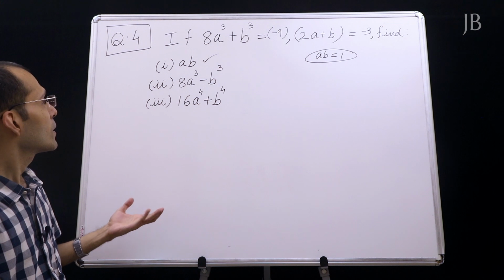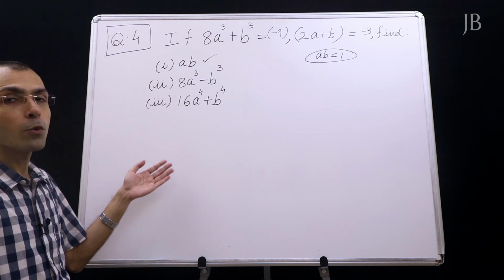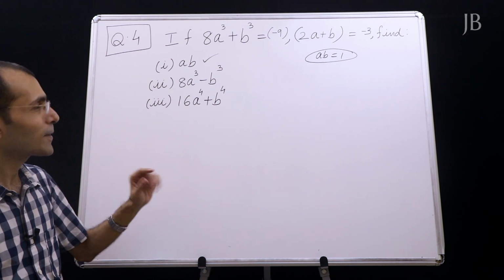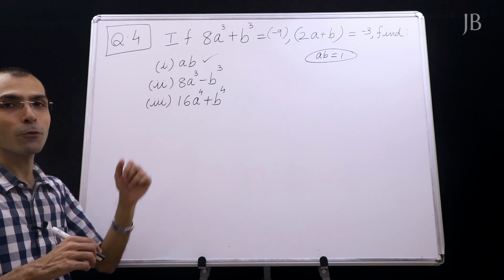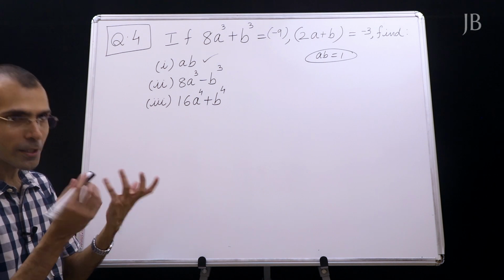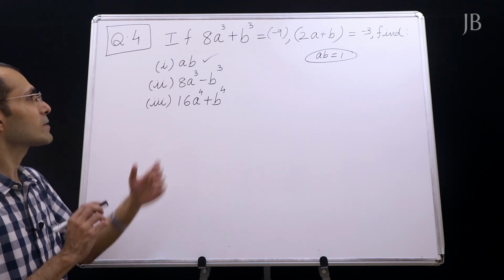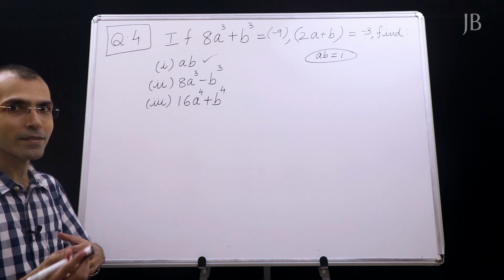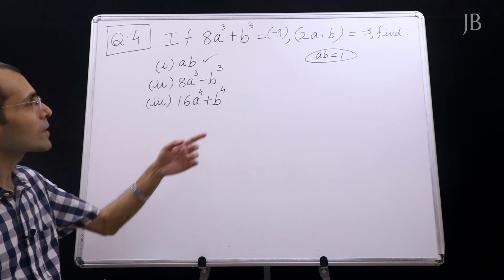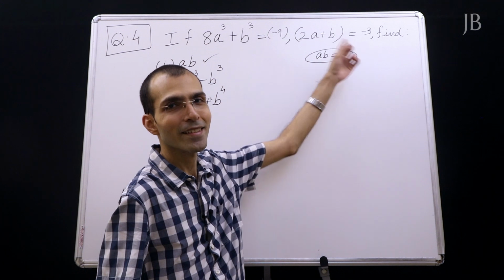So what to do? First we will find 2a minus b. Okay, how do we find it? Recollect the previous sums. We are on sum number 4. We have done such situations, not this sum, but such situations. Given plus, find minus. Do you remember? So first we will have to square both the sides.